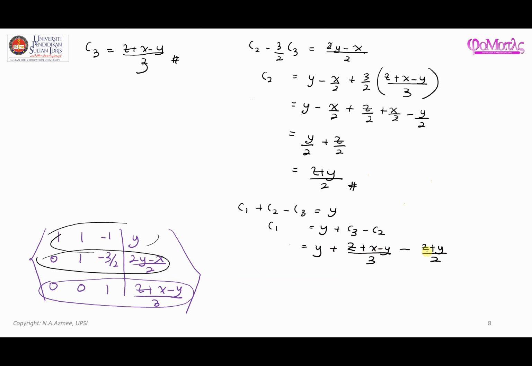If you try and simplify all the items given here, you will get y minus z plus 2x over 6. So these are the values of C1, C2, and C3.